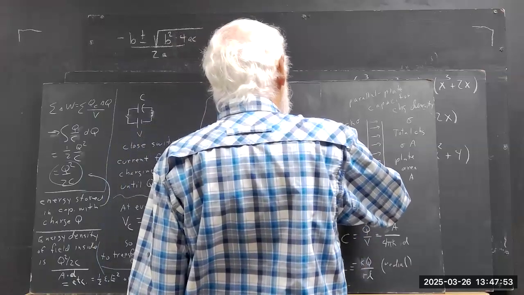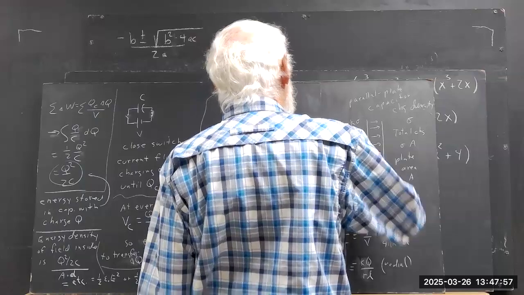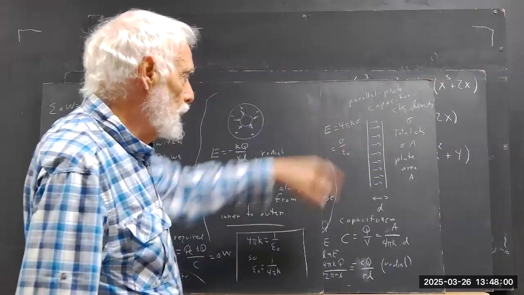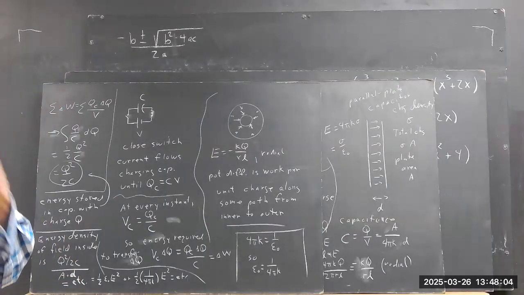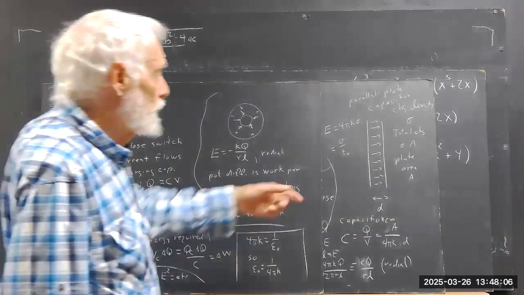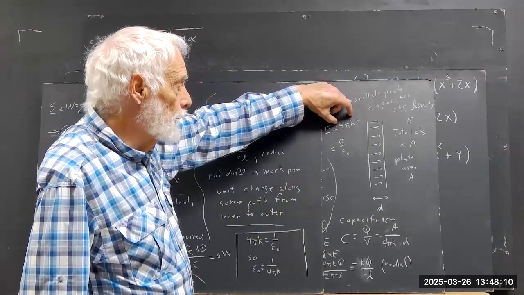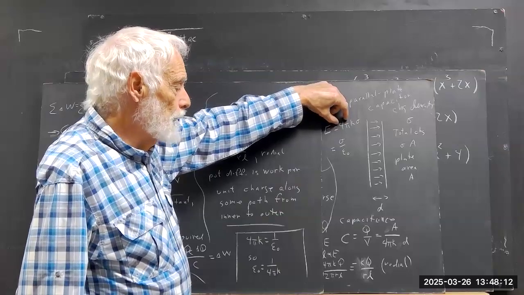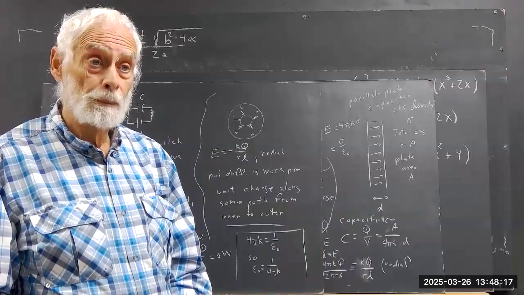This will be expressed as sigma over epsilon naught without the 4 pi k. I prefer, when introducing this stuff, to use the 4 pi k because the 4 pi invokes the surface area of a sphere.